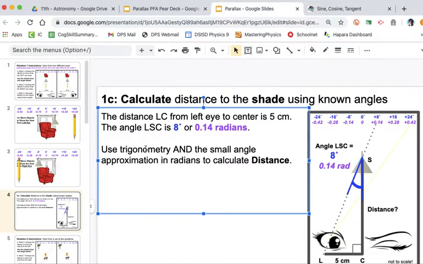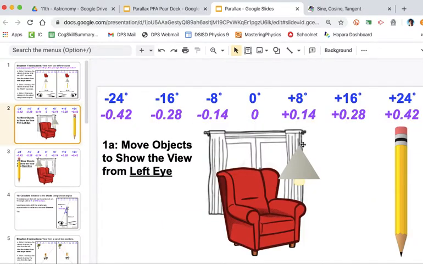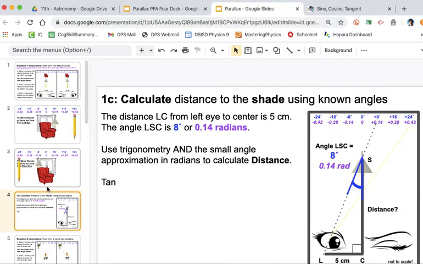Let me walk you through a problem using the actual tangent, and then I'm going to show you the small angle approximation because it is even easier than using tangent. Using tangent is not so hard, but the small angle approximation is even better. In this case I'm trying to figure out how far it is to the lamp, so I've got this triangle that includes the 8 degrees we figured out before, because the lamp shifts 8 degrees when we look at it with our left or our right eye.